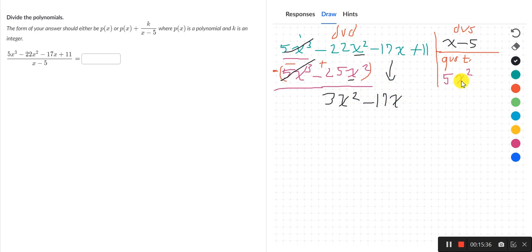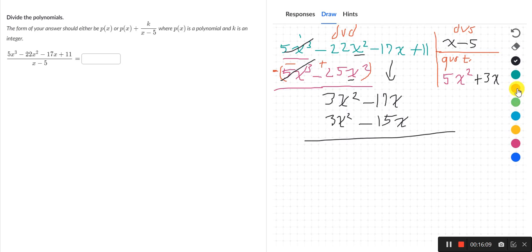Okay, and you do the same now. What number? Well, I have 3 here and x, so I must get a 3x, because 3x times x is indeed 3x squared. And I have to do it by both. 3 times 5 is 15, negative, of course, x. I have this.